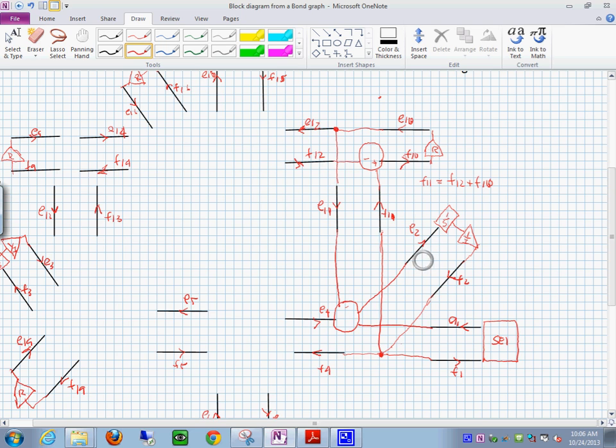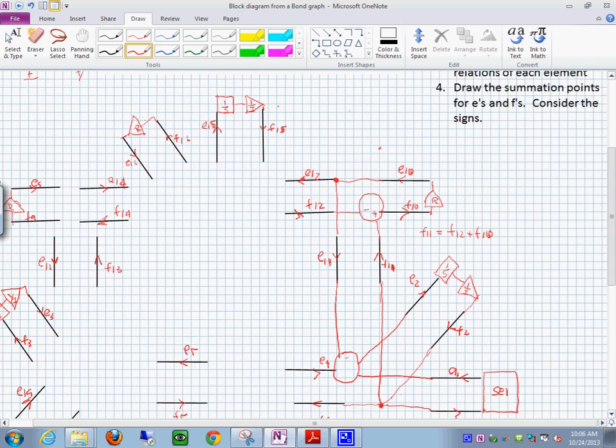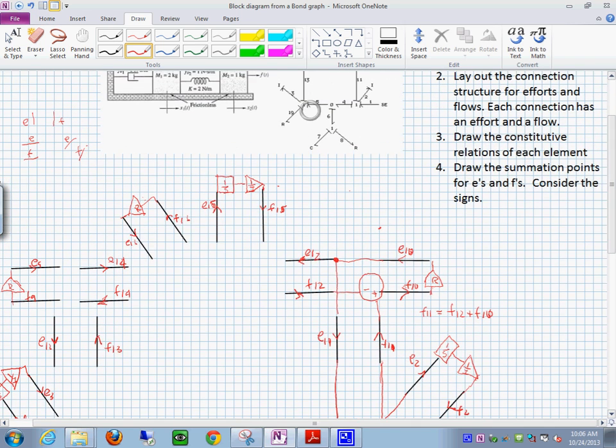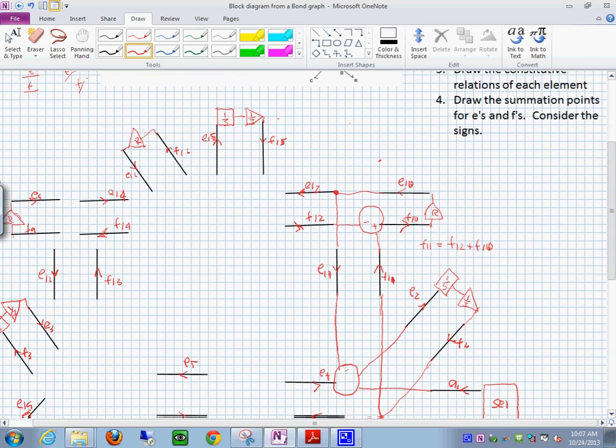So if E2 is the one going out, the way you write this is E2 is equal to E1 minus E11 minus E4. See? So E2 is equal to E1, which would be a plus, minus E11 minus E4.